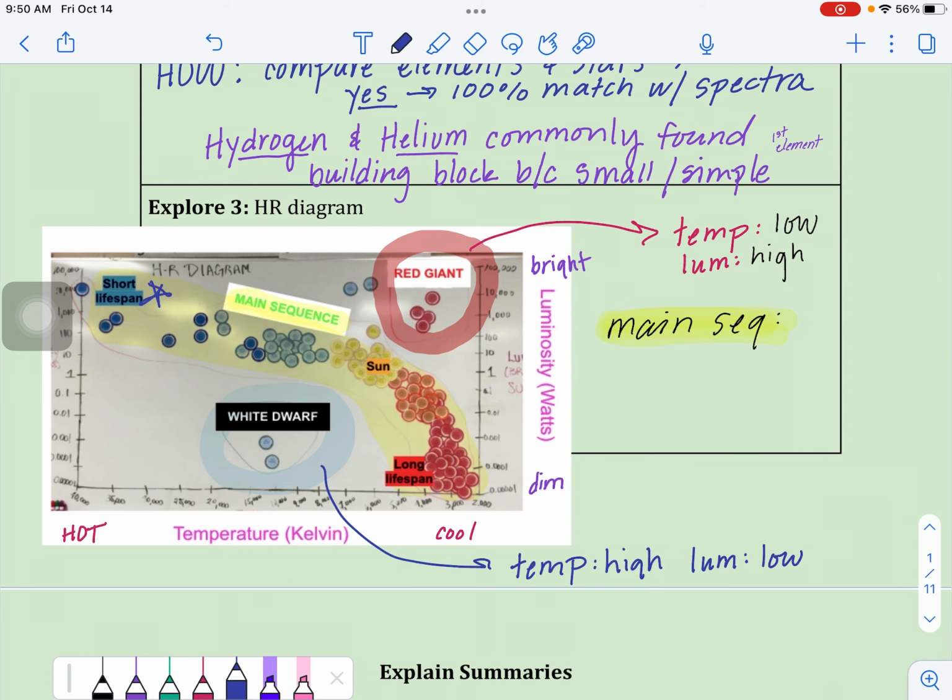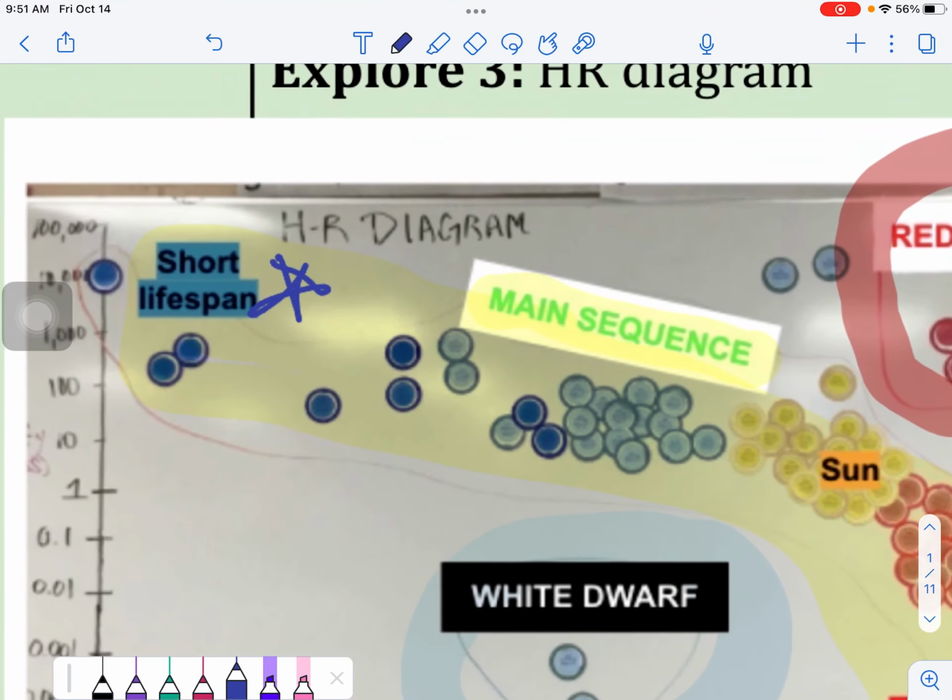So I'm going to start up here in the blue area of the main sequence, noticing that those blue stars are some of the brightest stars that exist. High brightness. I'm going to use luminosity, that's our official term. High luminosity and high temperature. What we want to take note about those stars is their lifespan.